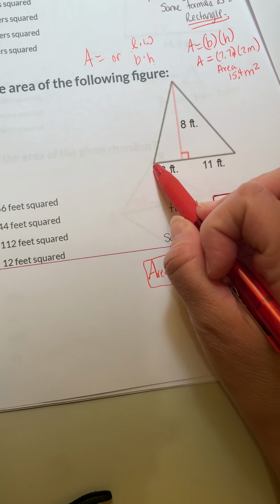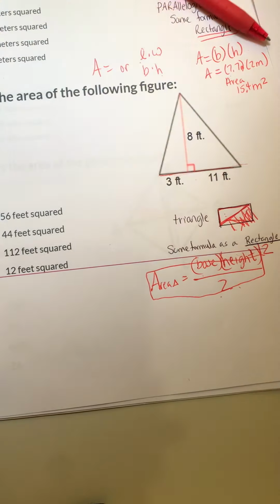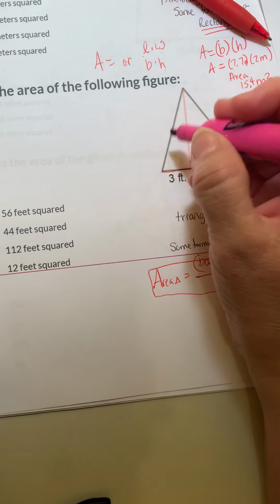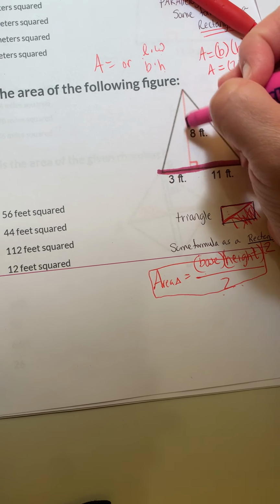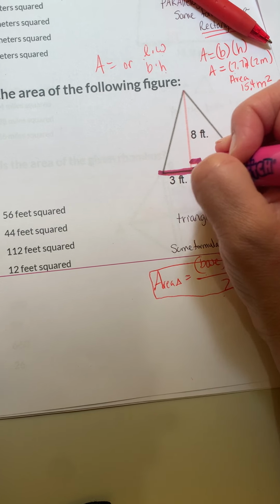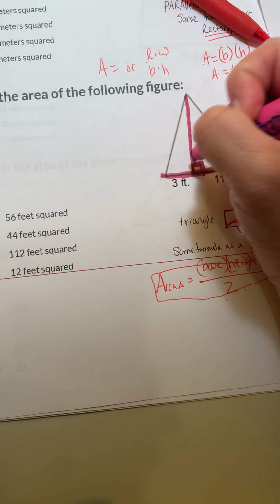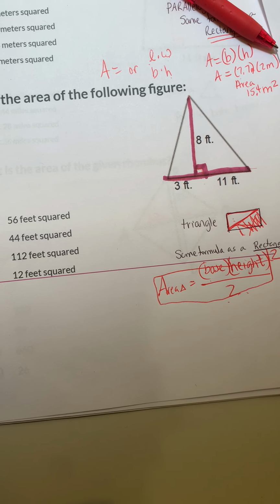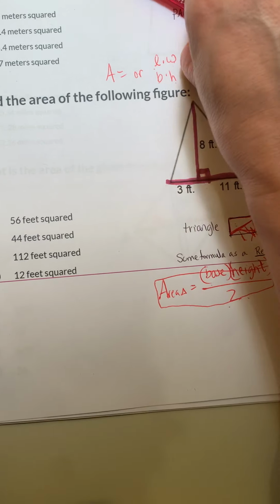So I look right here. Here's my base. This whole thing is my base. And remember, we talked about the height that you use is the one that has to be perpendicular to the base. So you always have to have a right angle. So this is my height. It's going to be 8 times, well, what is the length of your base? The whole base.